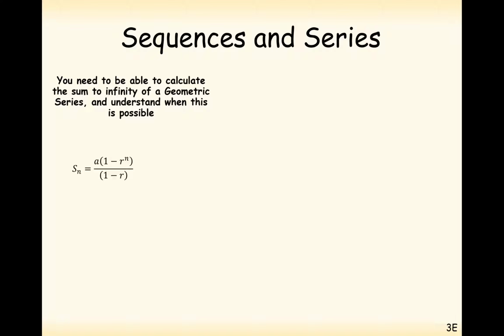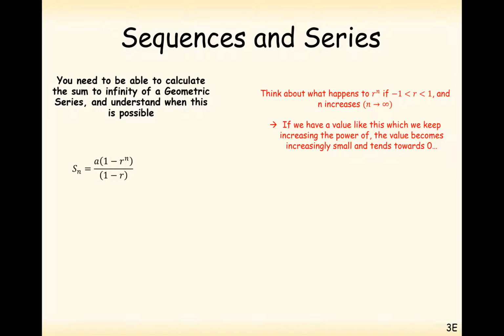So let's have a look at another series here. Think about what happens to r to the power of n if your r value is a decimal number. As the power on this decimal number increases, what's going to happen? If we keep increasing the power, the value becomes increasingly smaller.